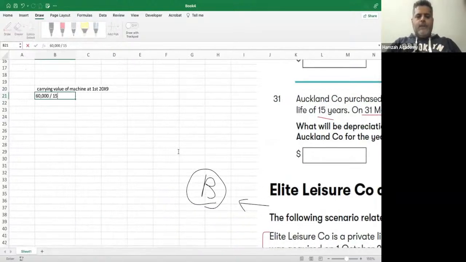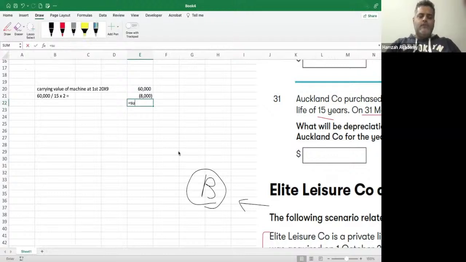That's going to be 60,000 by 15 years into 2. So the cost is 60,000. 60,000 by 15 into 2 is 8,000. So the value at the start of the year is going to be 52,000. This is the value at the start of the year, okay?